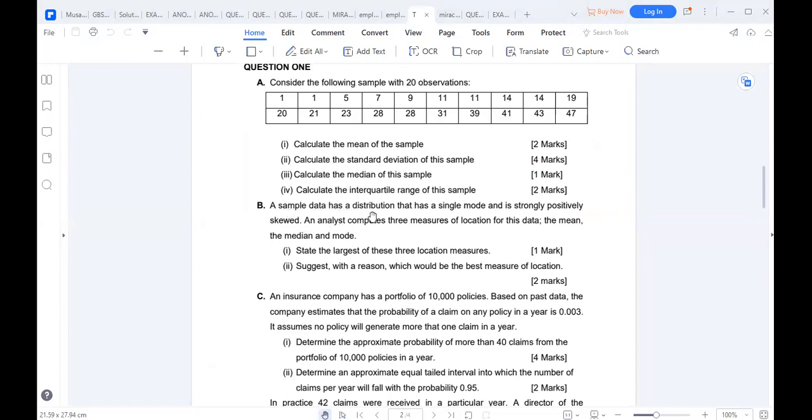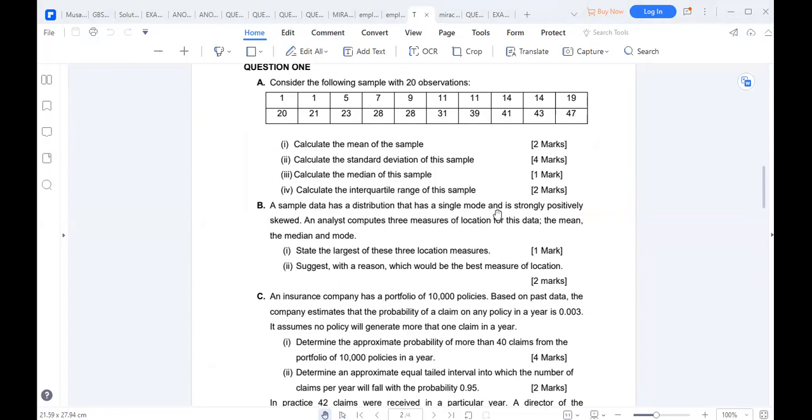We're told that a sample has a distribution that has a single mode and is strongly positively skewed. An analyst computes 3 measures of location: the mean, median, and mode. Which one of these 3 is the largest?